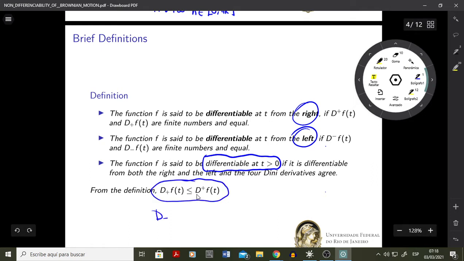And also you can have this just by definition because one is the lim sup and the other is the lim inf. Sorry, here is this.